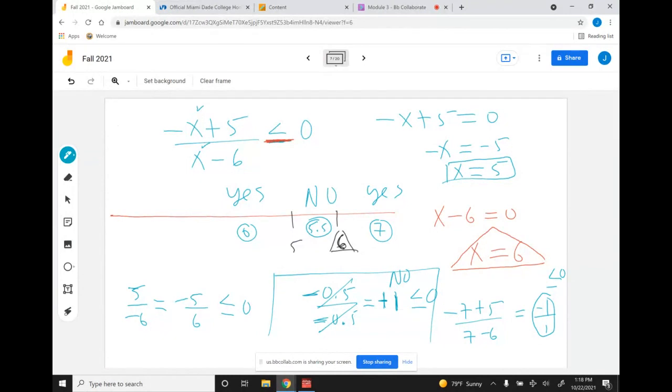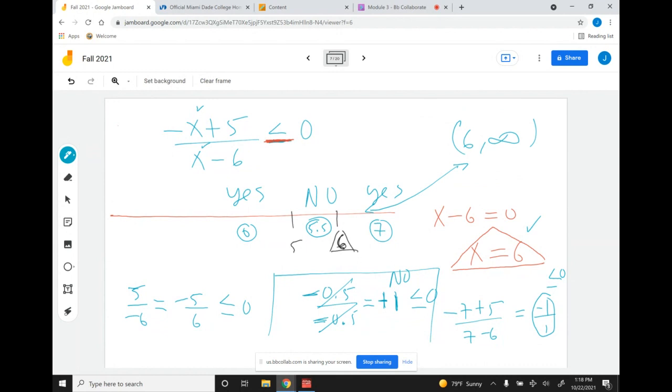So here comes the final step. How do we write that solution? Now, let me erase some of this stuff. Let me erase this part. All right, I think that should be enough space. So pay attention to this. This 6 will have a parenthesis. That will be this area.